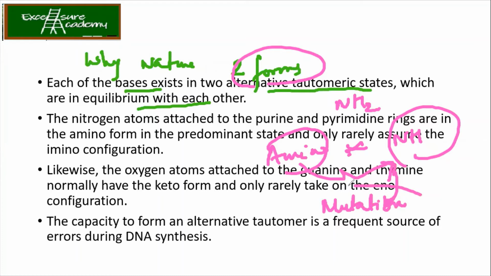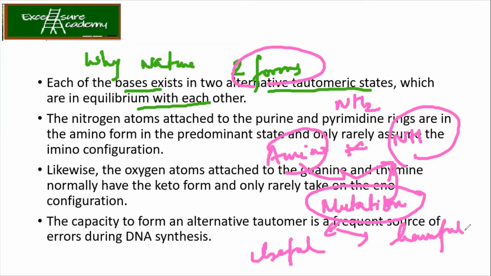Now this mutation, depending on the environmental condition, can be either useful or harmful. You know that mutations can be beneficial or lethal, right? So that's why the other form also exists. Certain radiations or chemicals result in the mutation of these bases, and because of this they take the other forms.